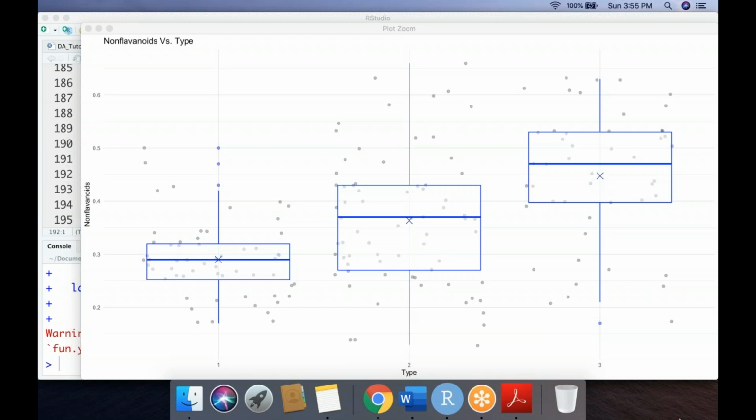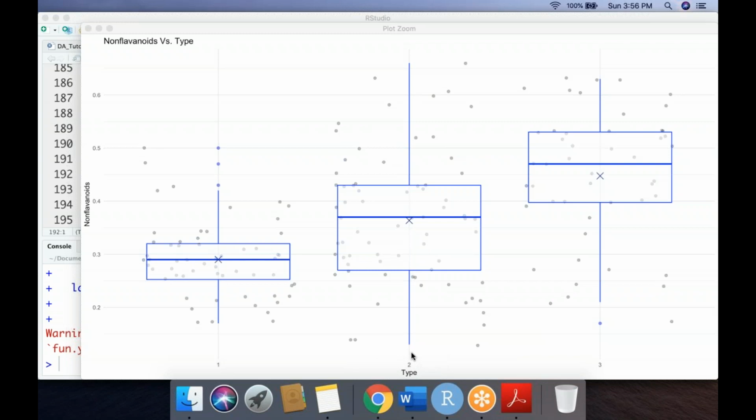So there will still be overlaps, but you can at least see the non-flavonoid values. If they are lower values, they are contributing much to type 1. If they are higher values, they are contributing to class 3, type 3. But still, type 2 has a lot of overlapping there.